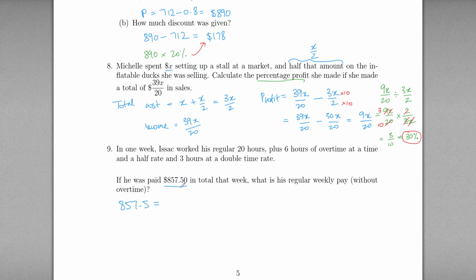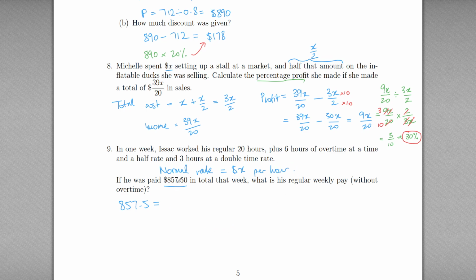The problem here is I don't know his regular rate. Okay, we don't know his normal rate. So I might just call his normal hourly rate, okay, so it'll be x dollars per hour.